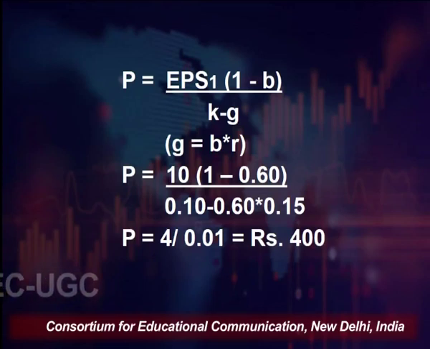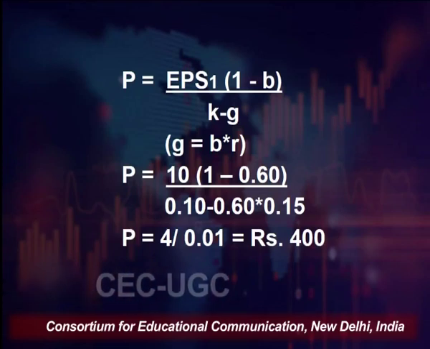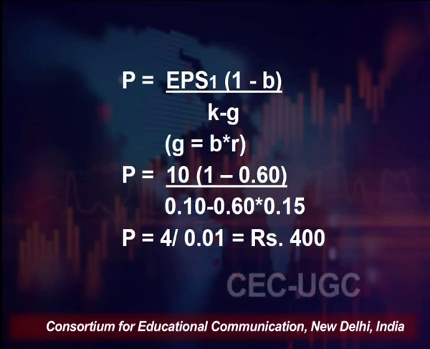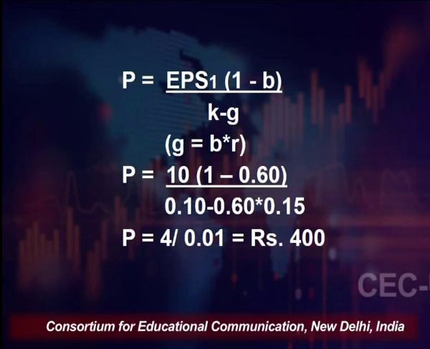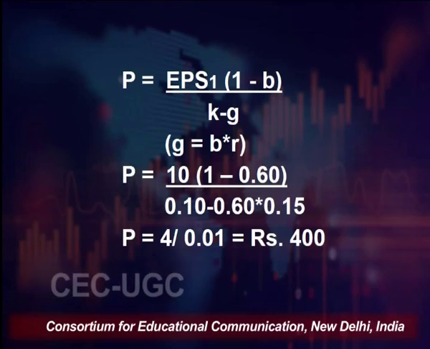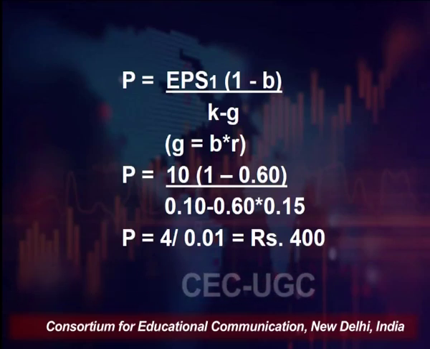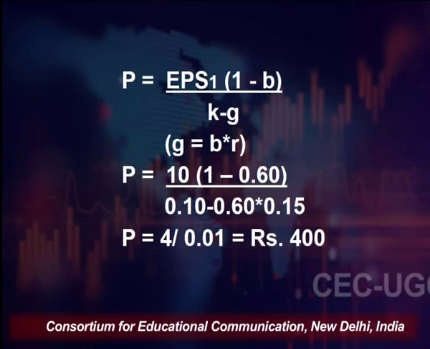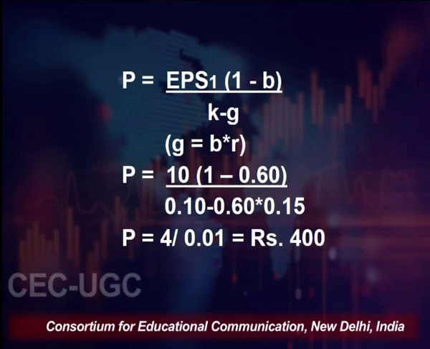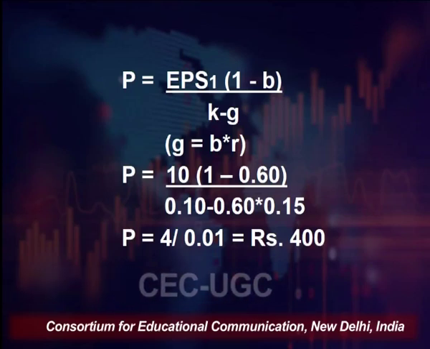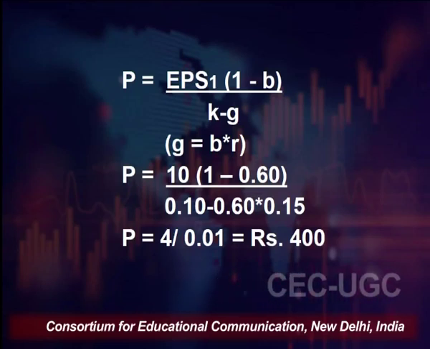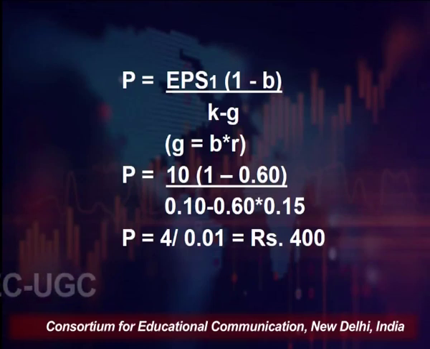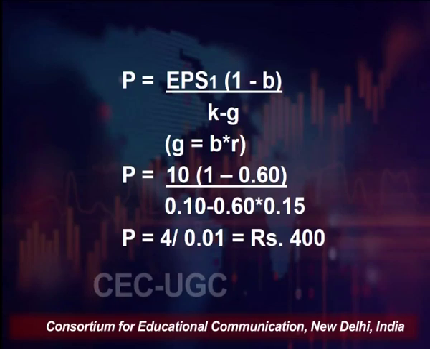It is the same formula for Gordon's model that we have seen previously. By placing the values given in the question in the formula, we will replace EPS as 10 brackets 1 minus 0.60. 0.60 is our retention ratio. It is the case 1. We will close the bracket and we will divide the whole equation by 0.10, 10% minus 0.60 multiplied by 0.15, which is 15%.